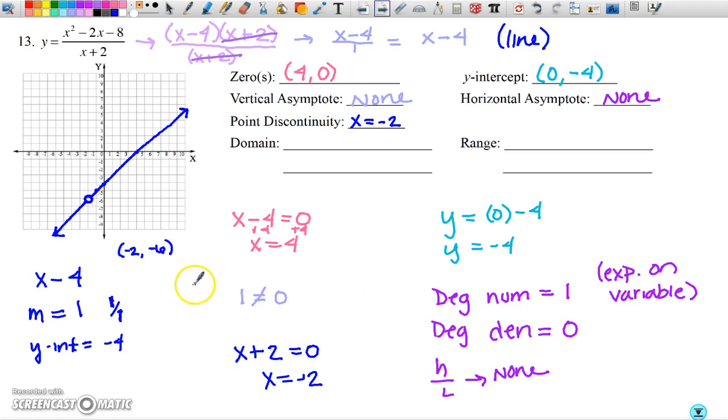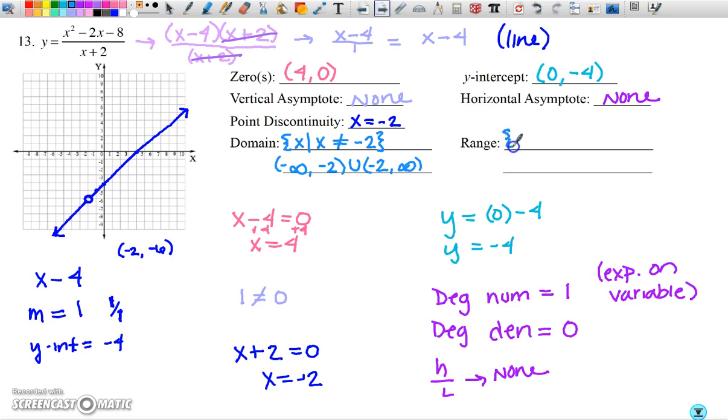And the reason that we look for that is because we need that for our domain and range. So negative 2 is going to be the x value, that part of our domain, and then this negative 6 will be the y value part, or the range part. So we have x such that x does not equal negative 2 because that's where our hole is, and then negative infinity to negative 2 union negative 2 to infinity.